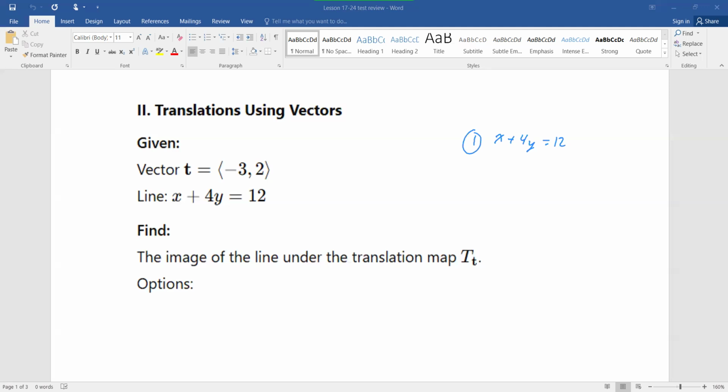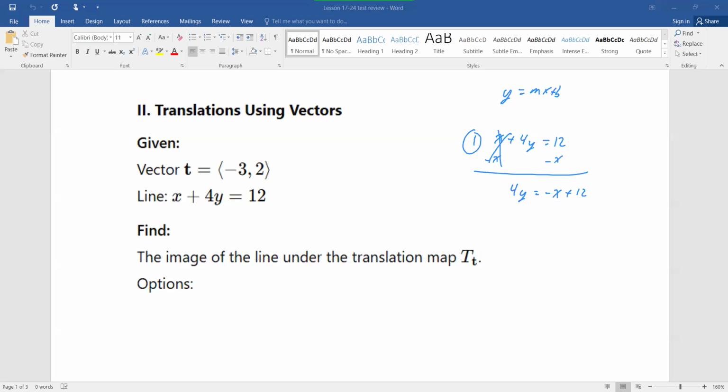Minus x. Remember, we're trying to get it in y equals mx plus b. We don't want to move the y. We want to move everything else but the y. So we're going to subtract the x. I like to keep it in this form. So when I rewrite this, this is going to be negative x plus 12. If you wrote it as 12 minus x, you're not incorrect. It's just maybe not as easy to identify.